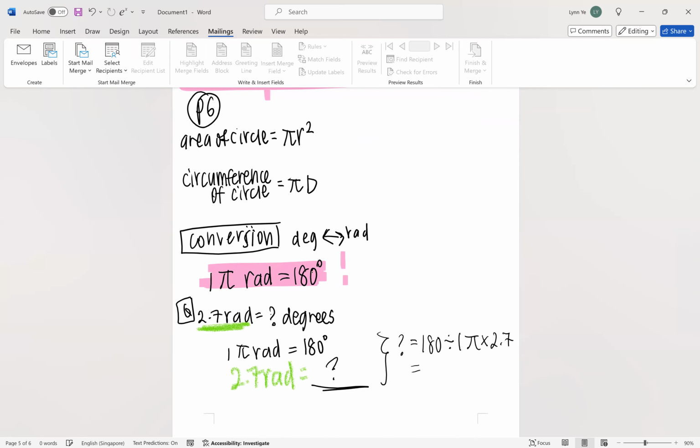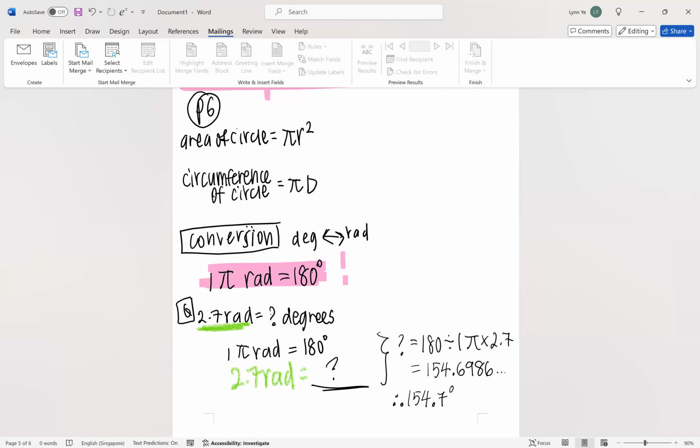Put that in a calculator, and what do you get? 154.6986 and so on. So therefore, what's my answer? 154.7 degrees.